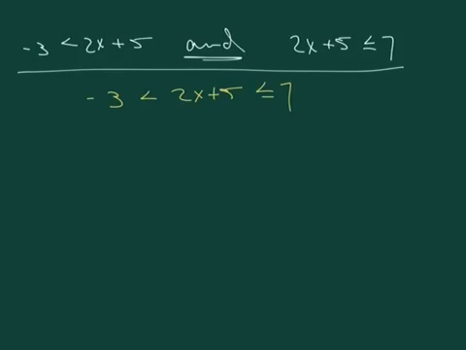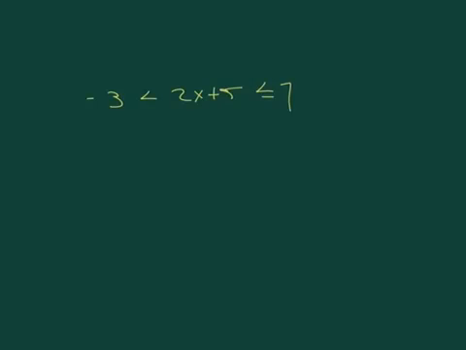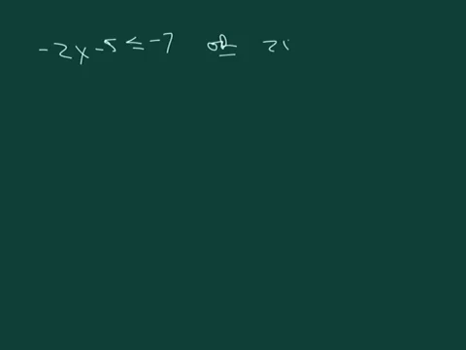When we go to a disjunction, that is when we have the word or in there. And when you have the word or, you cannot put them together like I did on that last one. So if we have -2x minus 5 is less than or equal to -7, or 2x minus 5 is greater than 1.